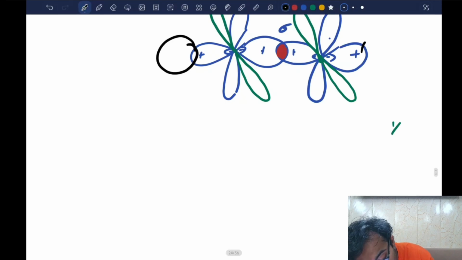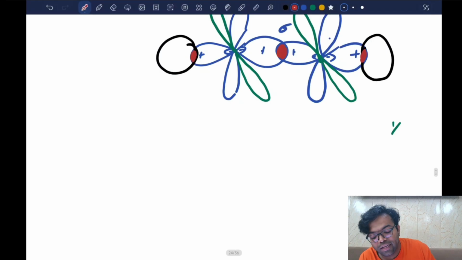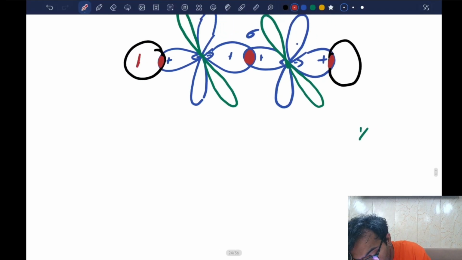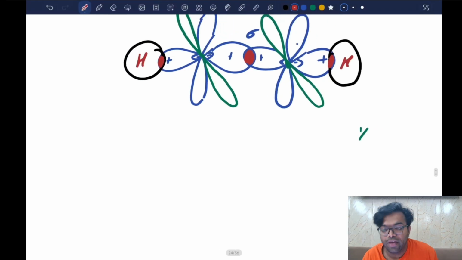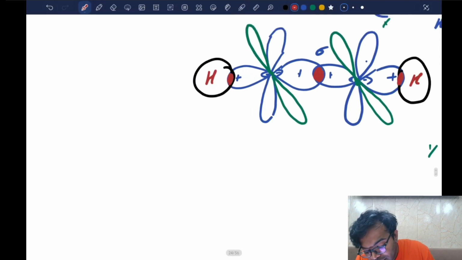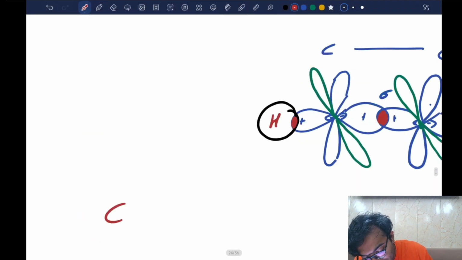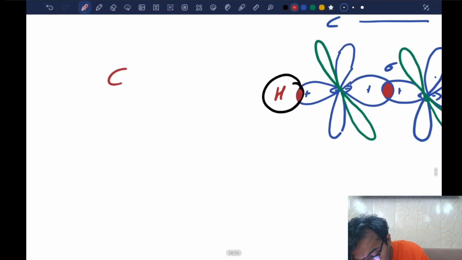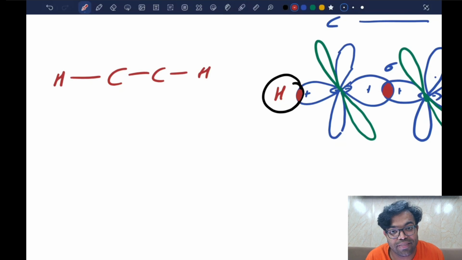Okay, hydrogen here and hydrogen here. So there is some overlap happening here, and some overlap happening here. So this is hydrogen here, hydrogen here. Now the C-H bond has taken place.